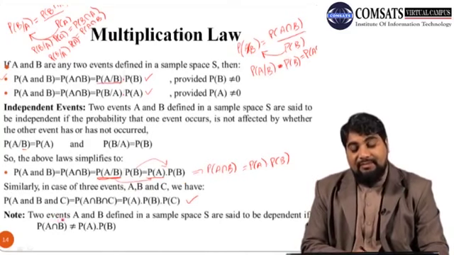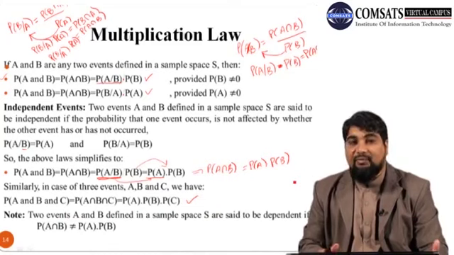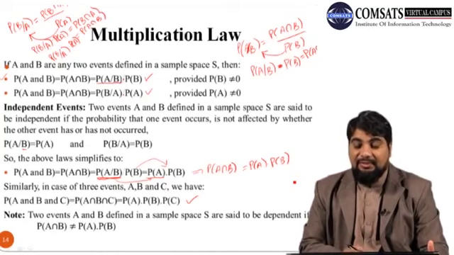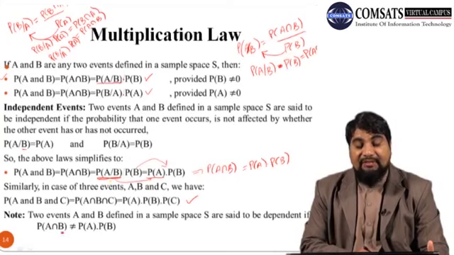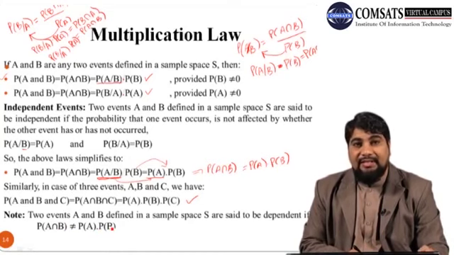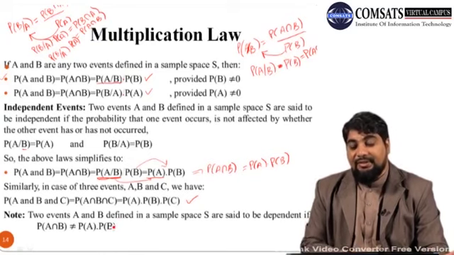Two events A and B defined in sample space S are said to be dependent if the probability of one event has certain impact on the occurrence or non-occurrence of the other event. In this case, P of A intersection B will not be equal to P of A times P of B. So this formula can be used as a checkpoint whether events are dependent or independent.